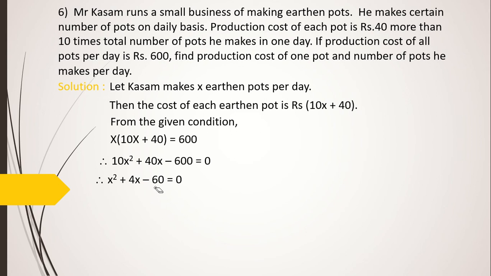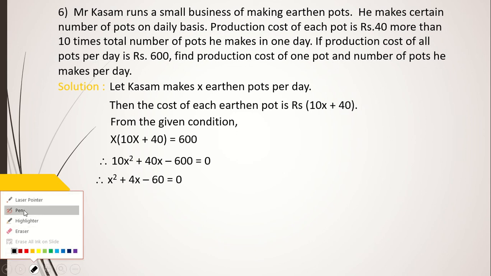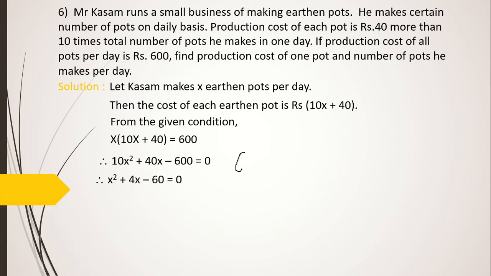Now we have to factorize this 60 in such a way that after subtracting, see the last term sign is minus, after subtracting, I should get 4.